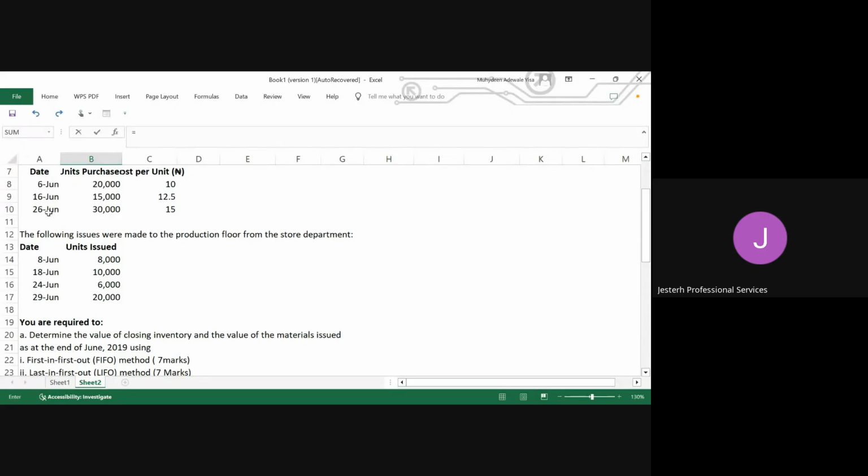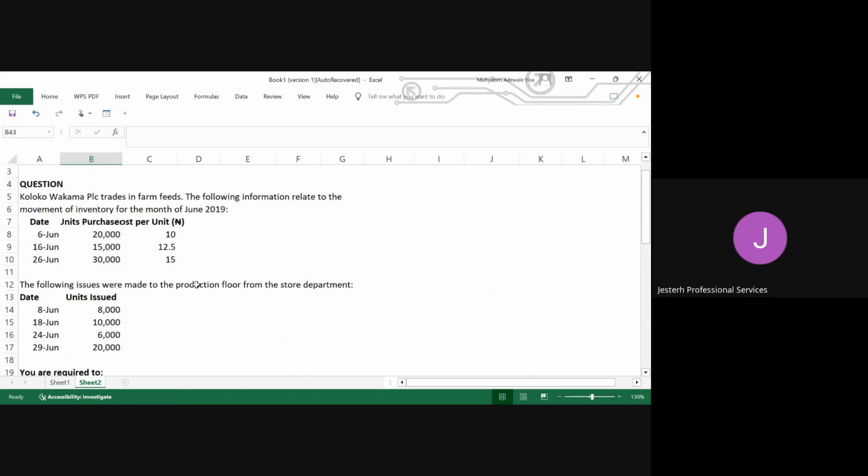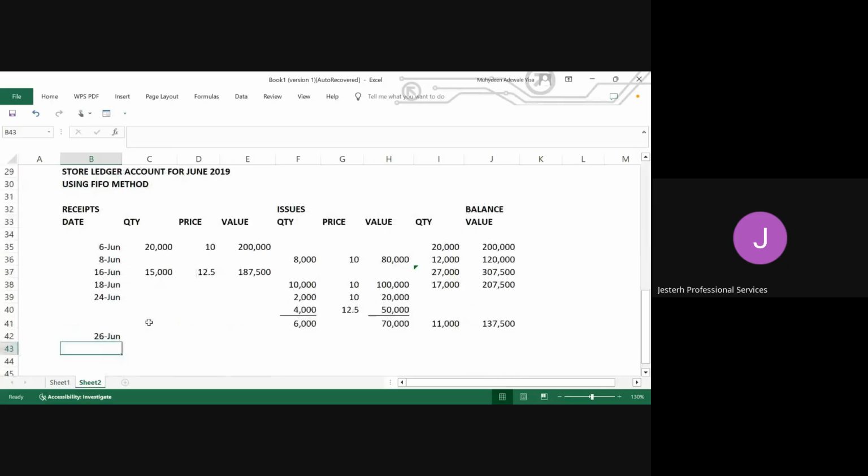They decided to add more to what they had before in the store. They purchased 30,000 units. As you can see, the price per unit continues to rise. On the 26th, they purchased 30,000 units at the rate of 15 naira per unit.